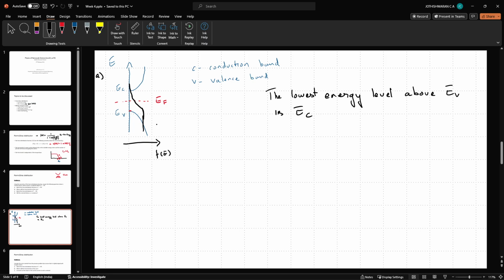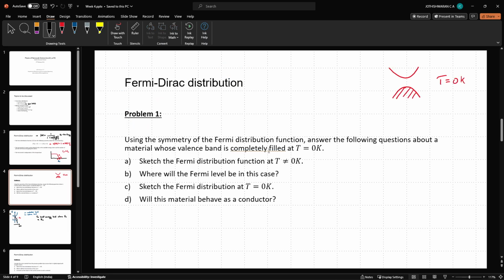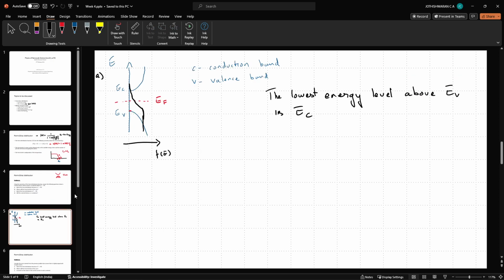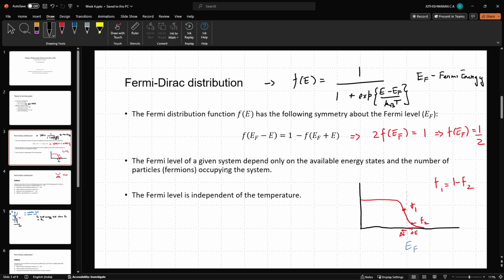So this is how the Fermi distribution function will look for a solid, where I have these properties, essentially the valence band is completely filled at T equal to 0 Kelvin. Now, if I had a different kind of filling configuration, then again this Fermi distribution function will look different, which is why I said EF depends on the number of electrons that are present and the available energy levels.